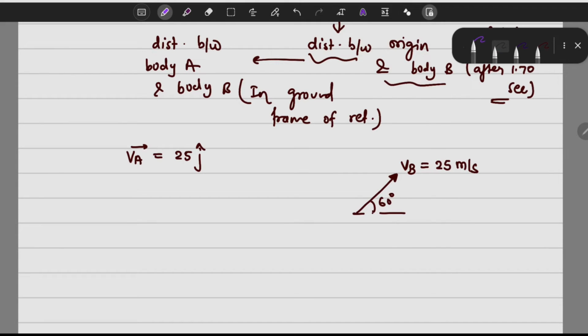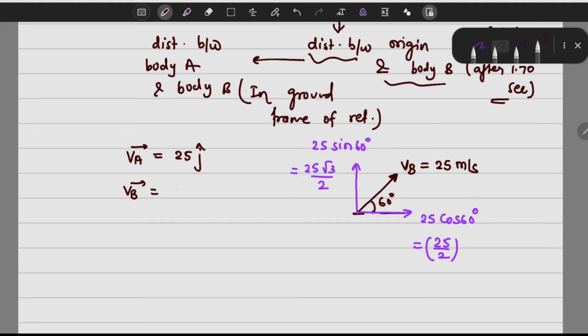This component we can write as 25 cos 60 degrees, which is 25 by 2, and this component is 25 sin 60 degrees, which is 25 root 3 by 2. So velocity of B is 25 by 2 i cap plus 25 root 3 by 2 j cap.